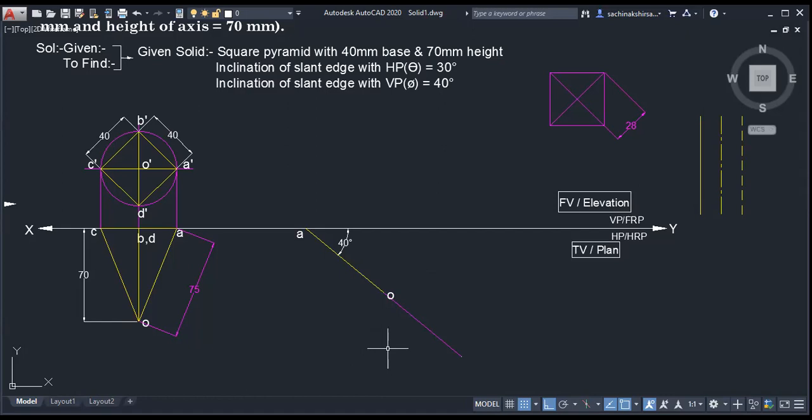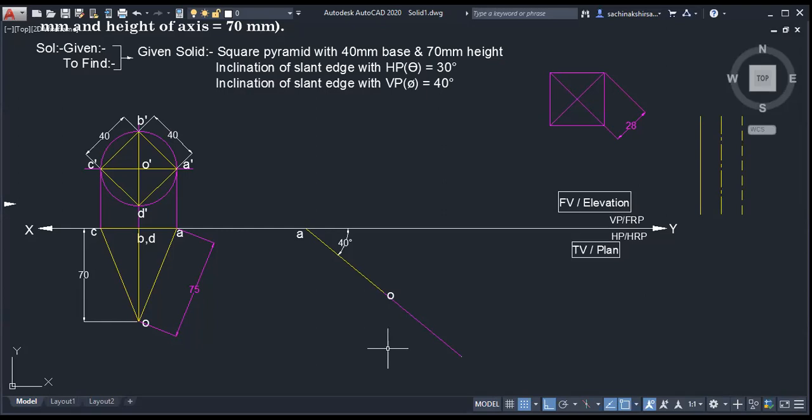Okay. So I want to mark point C. How can I mark point C? From A to C distance. Is it perpendicular to AO?